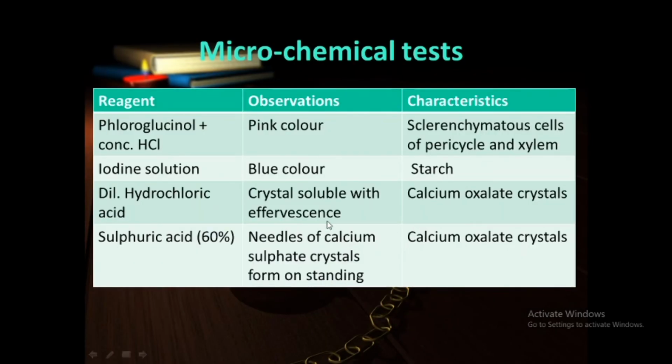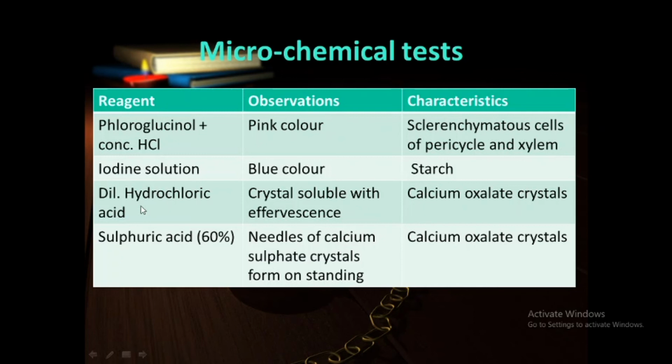Just see the microchemical test. In presence of phloroglucinol and concentrated HCl, the sclerenchymatous cells of pericycle show pink color. The starch is also present, which shows blue color in presence of iodine. Then calcium oxalate crystals are dissolved with effervescence in presence of dilute hydrochloric acid.